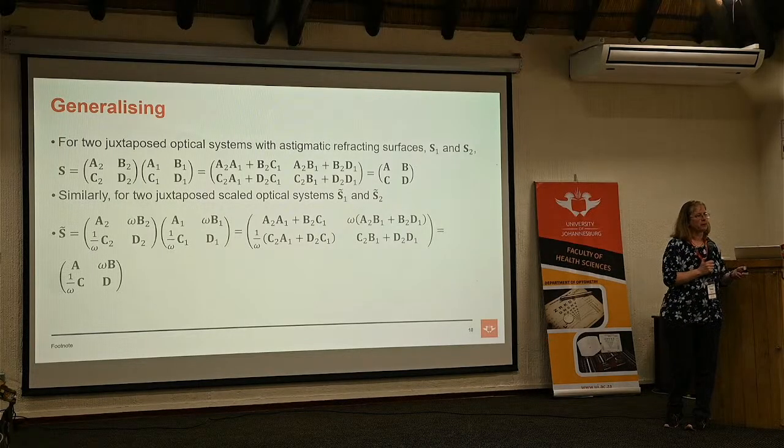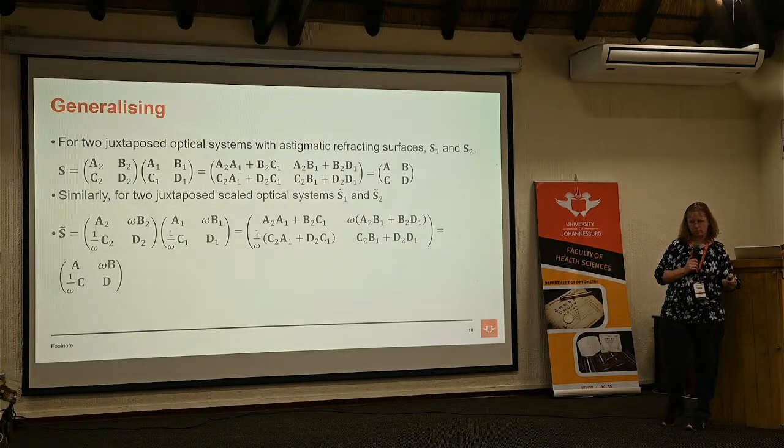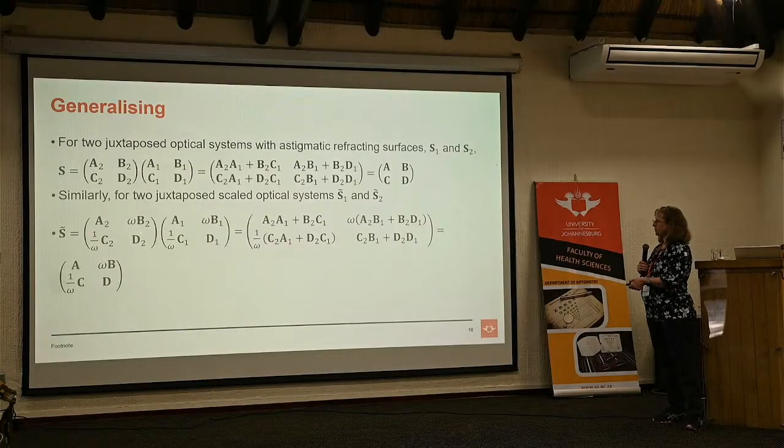Now, if we multiply the two scaled transferences, so we scale B and we scale C, and the same for the first one, multiply them together, we're getting the same A, the same D. This is simply scaled by omega, because it's the same there, and that by 1 over omega.